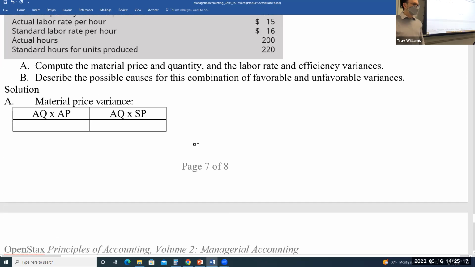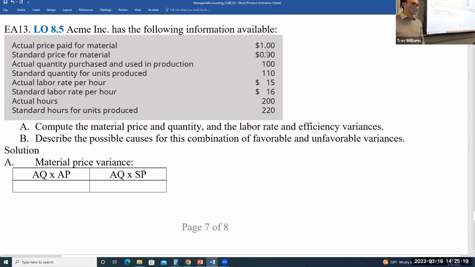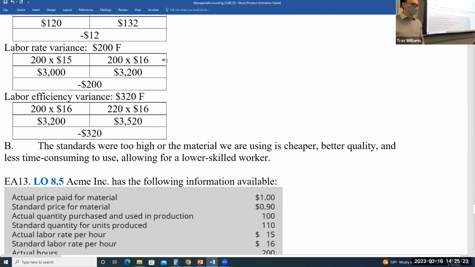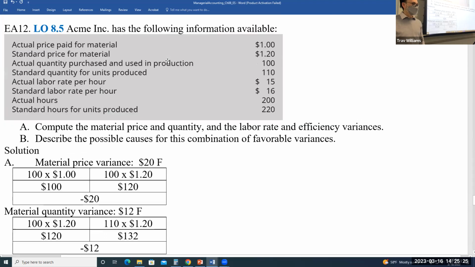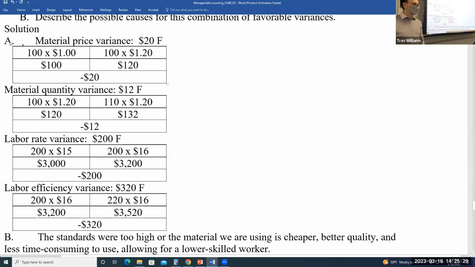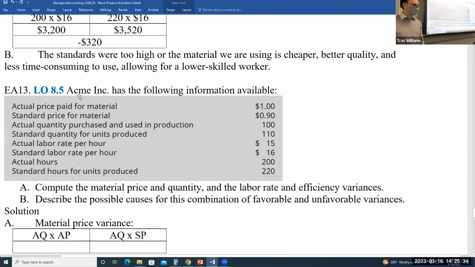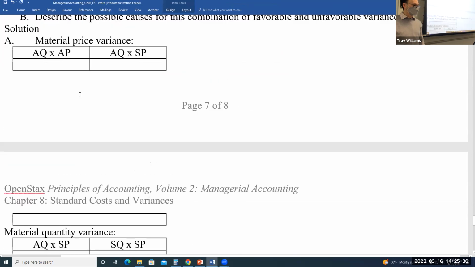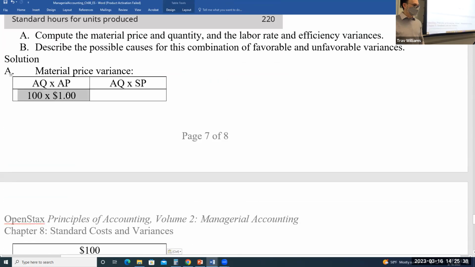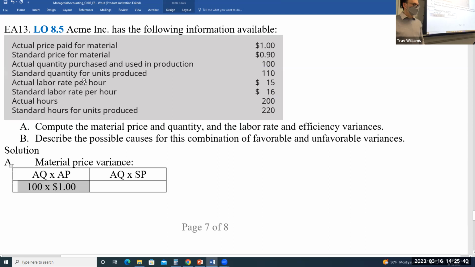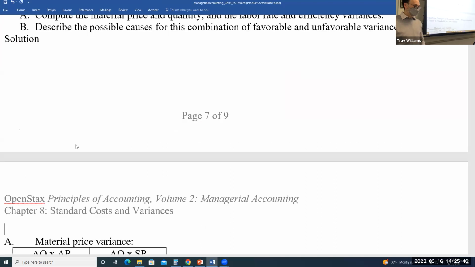And for the material part, the only thing that changed was the standard price. It changed from $1.20 down to 90 cents. So that means this part is exactly the same. I'm going to go ahead and copy this down. Okay. And then let's go ahead and get this on a new page.